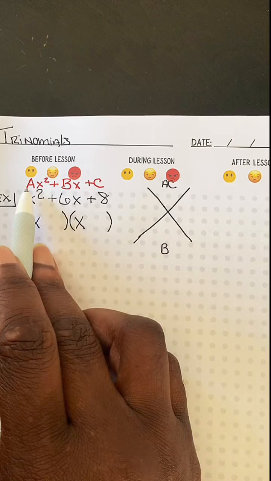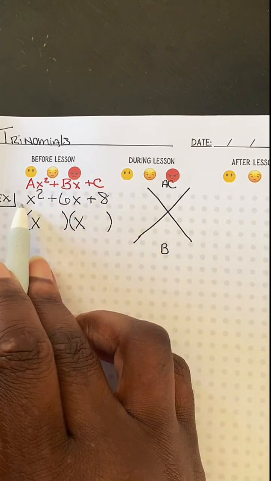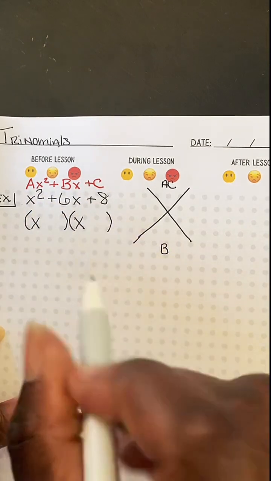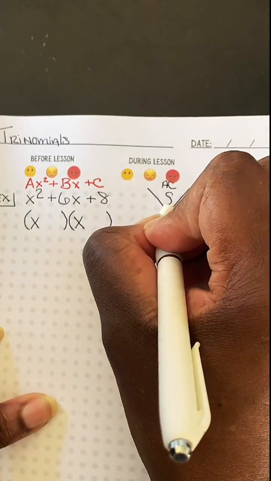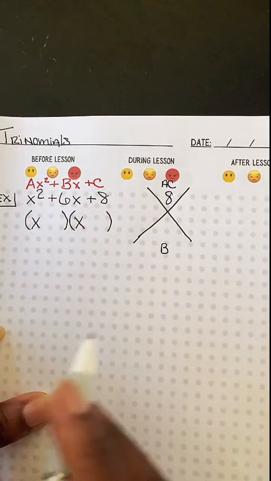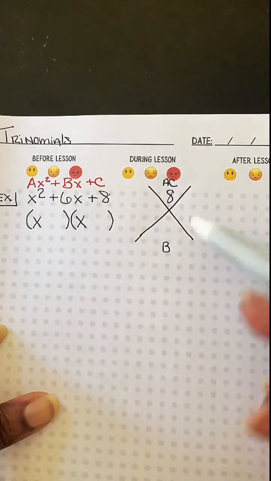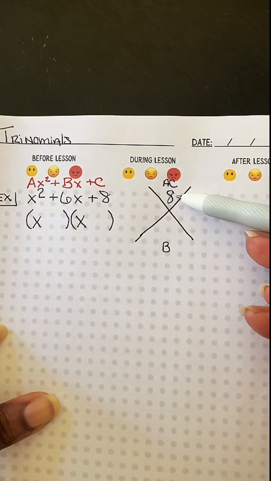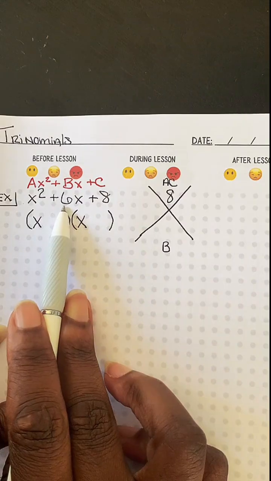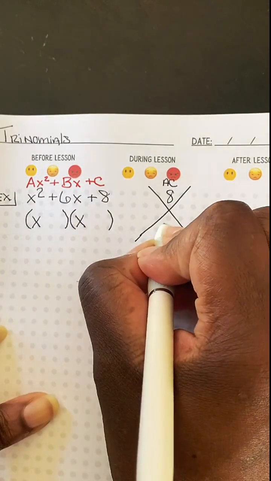So when I multiply my A and my C, that's 1 times 8. That gives me 8. I'm going to rewrite the B, which is 6.